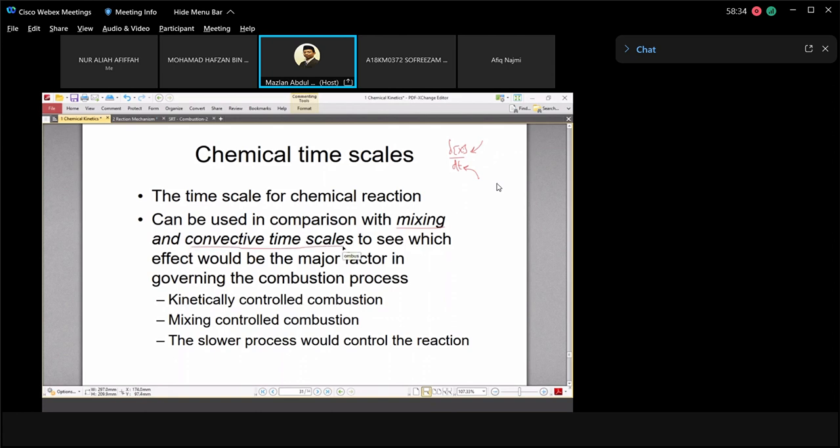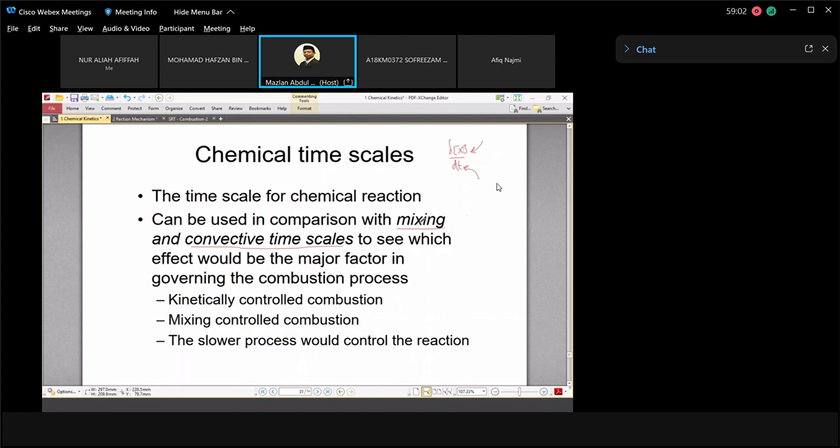For reaction to start, we have to have fully mixed species at molecular level. So if mixing has been done prior to the combustion, prior to the reaction, mixing is not important.